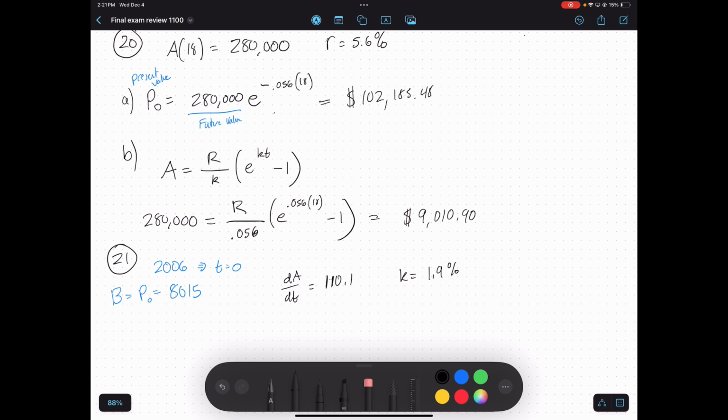Now, don't be confused, because when I initially read this, I was like, oh, does that mean we're going to have to create this weird exponential formula for what our continuous stream is? But the way we can interpret this is, how am I going to interpret this 1.9%? Yeah, that's your K. That's your K. Okay? And how do we interpret 102.6? Or sorry, 110.1. I keep messing this up. How do we interpret this 110.1?